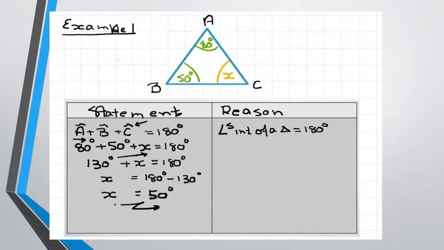And that was not too difficult to do, especially if I remember the fact that the sum of the interior angles, the property of a triangle, equals 180 degrees. So this beginning part was really very important. Let's go for another example.